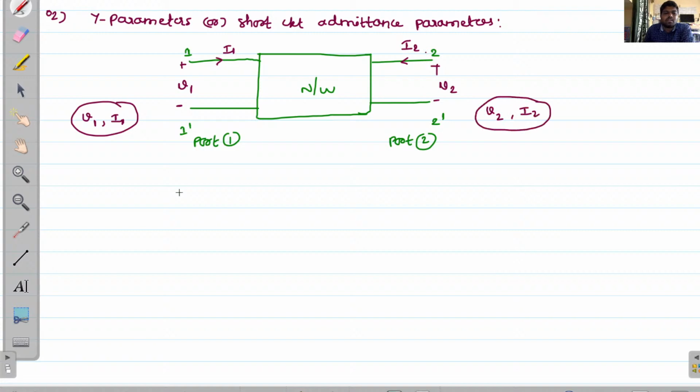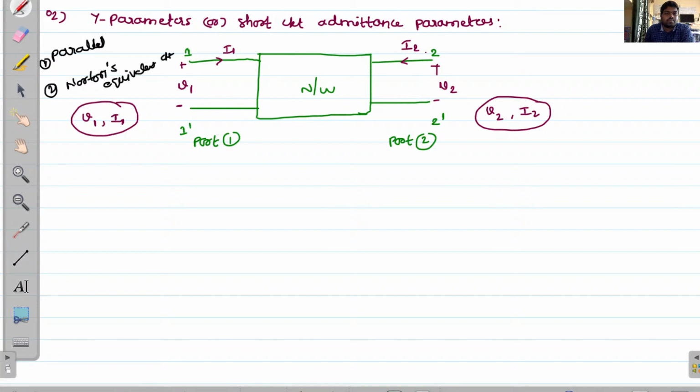And we apply these Y parameters when we get a parallel network. That is the first thing. In order to analyze a parallel network, the most suitable parameters are Y parameters, and the alternate format of a parallel network is Norton's equivalent circuit.